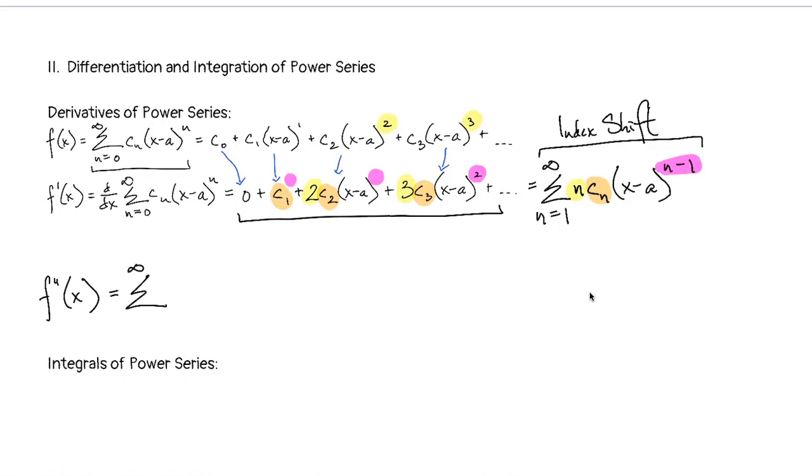I know I can put infinity on the top. What is my index going to be on the bottom? N equals 2, exactly, because when I take that second derivative, the first two terms are going to go away. There's no c sub 0, there's no c sub 1. My first one is c sub 2, okay?